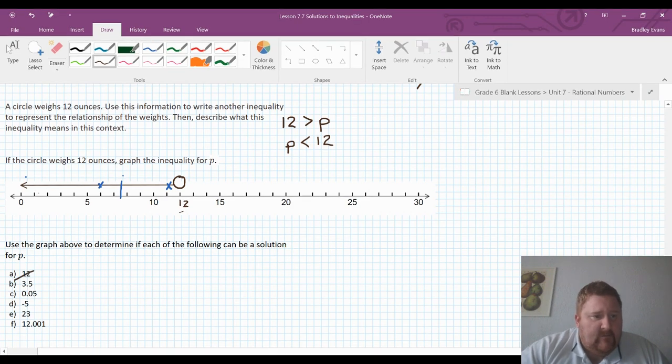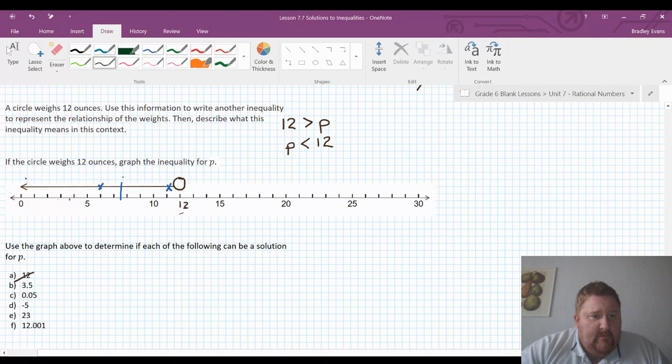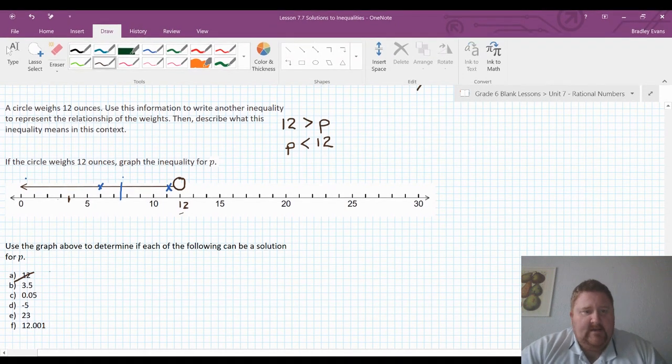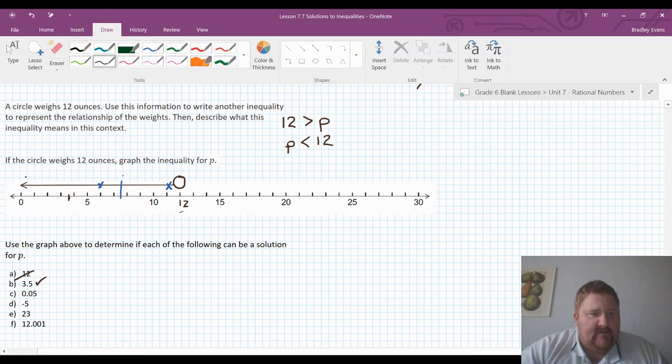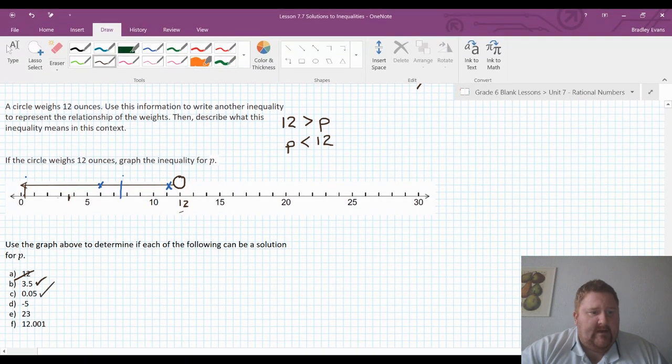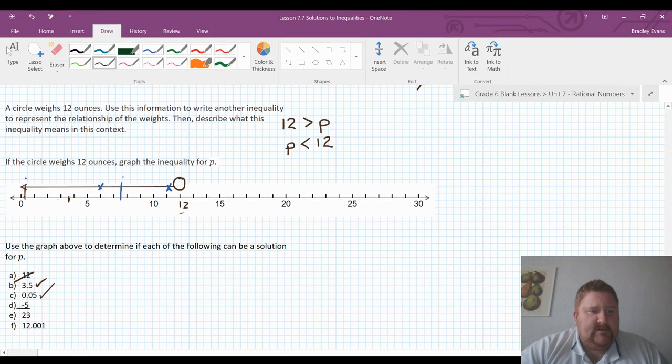3.5. Let's find 3.5. 1, 2, 3.5. Is it on our line? Yes. 0.05. Is it on our line? 0.05 is probably going to be really close to 0, but it is still going to be a solution here. Yes. -5. Well, no, ours is going to stop at 0.